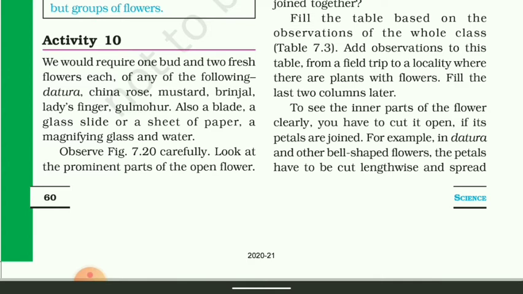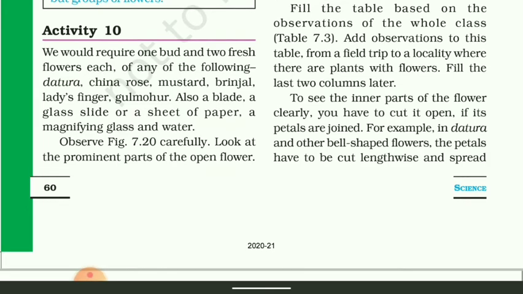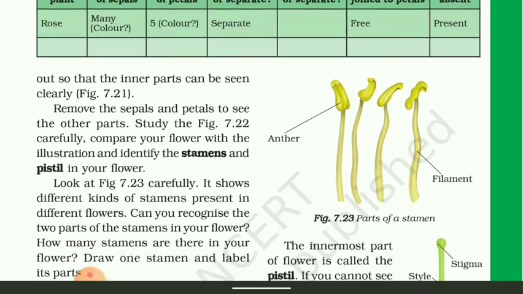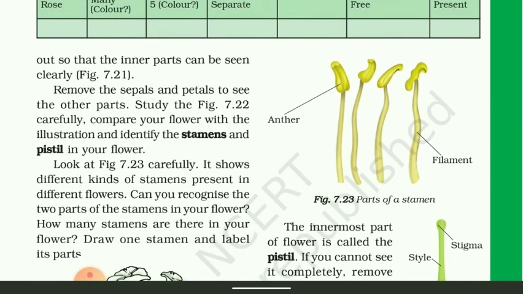To see the inner parts of the flower clearly, you have to cut it open if its petals are joined. For example, in datura and other bell shaped flowers, the petals have to be cut lengthwise and separated out so that the inner parts can be seen clearly. Remove the sepals and the petals to see the other parts. Study figure 7.22 carefully.